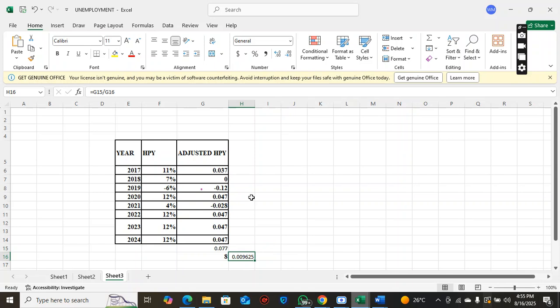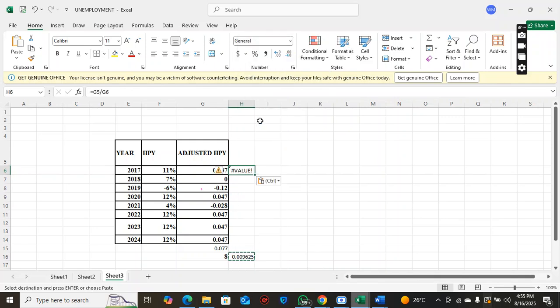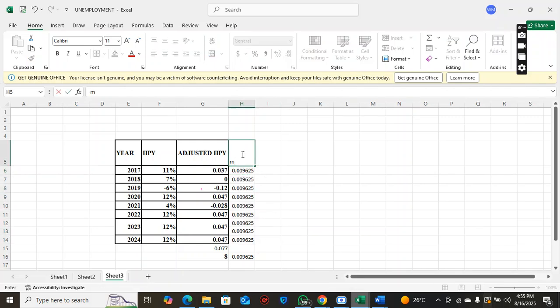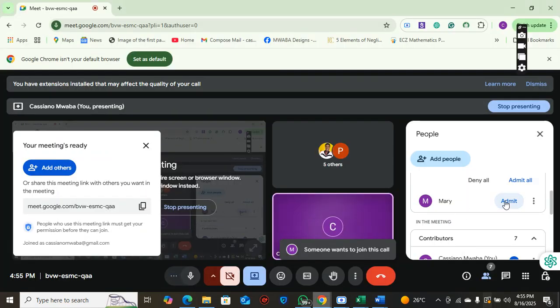Okay, so once you've got your mean, you bring it here. 0.00962. You're going to subtract every return with the mean. Every return you're going to subtract it with the mean.